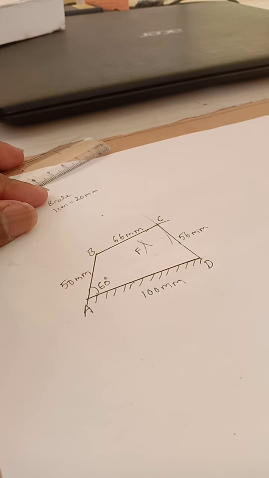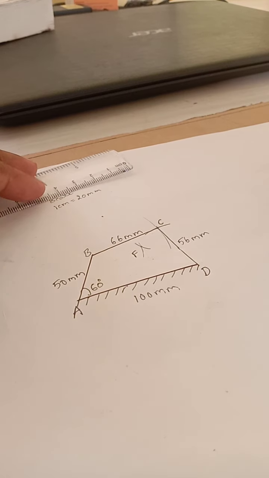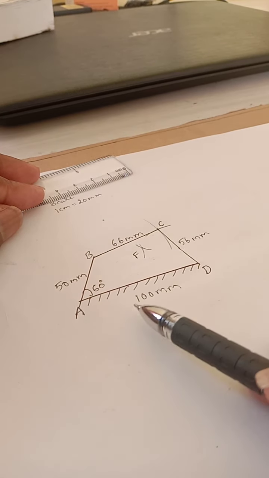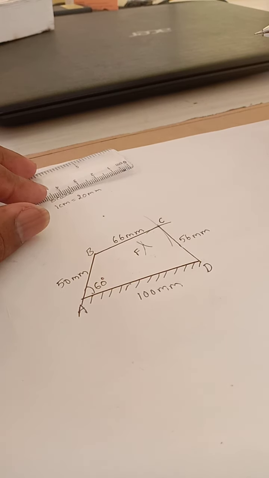So I have drawn to 1:2 scale. As per the 1:2 scale, I have drawn the configuration diagram for the given lengths.